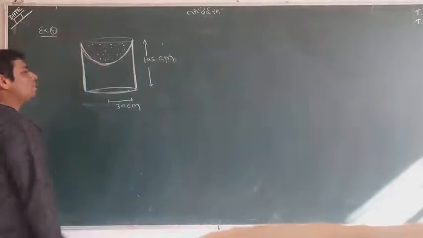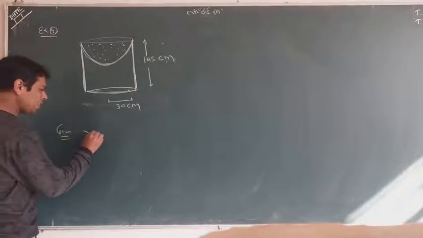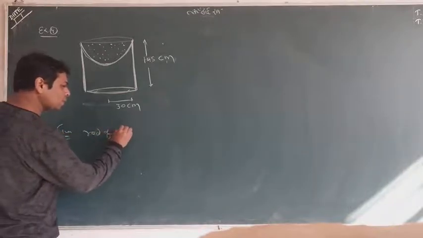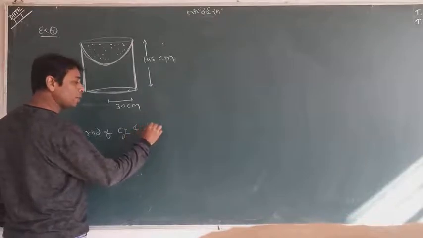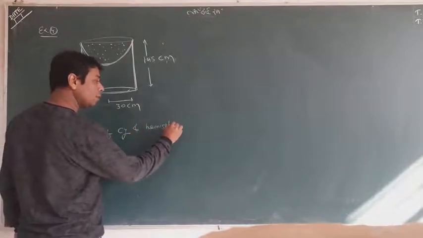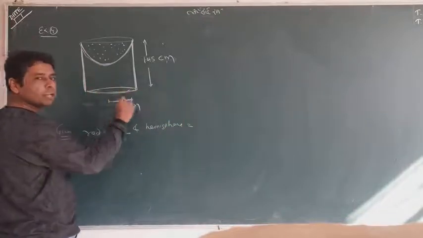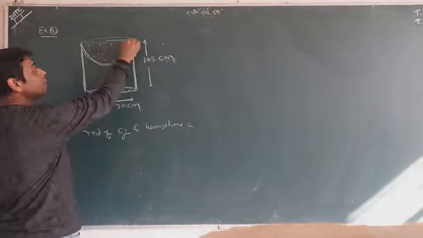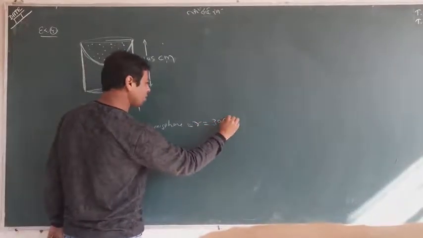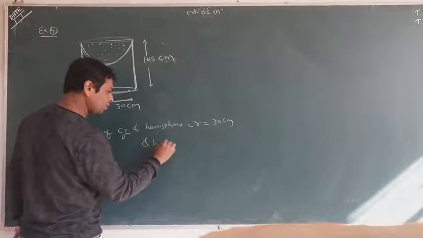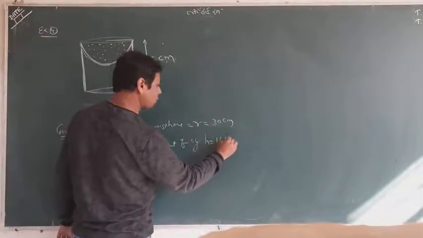So I think it's easy now. Given, I will write something. The radius of the cylinder is equal to the radius of the hemisphere. So both are equal, I say r equal to 30 centimeter, and the height of the cylinder h equal to 145 centimeter.